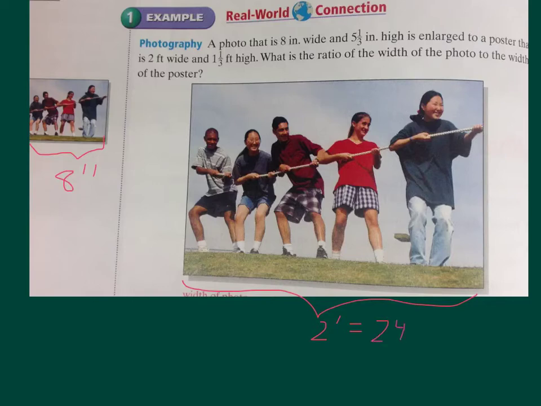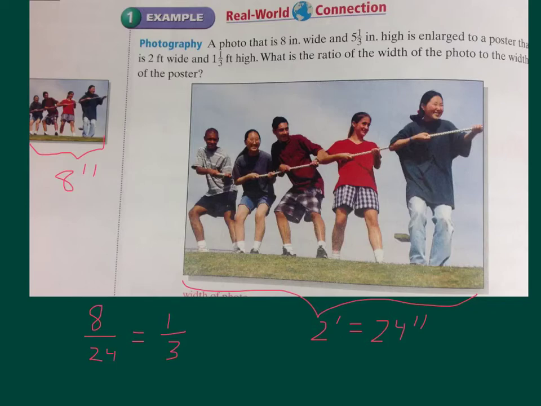Hopefully everybody realizes 2 feet is the same as 24 inches. So your ratio of the width of the photo, 8, to the width of the poster, 24. So it's in a ratio of 1 to 3. 1 over 3 is the ratio of the width of the photo to the width of the poster.